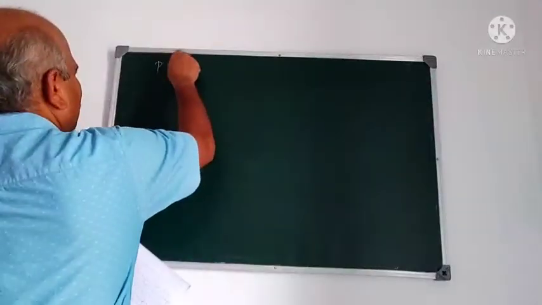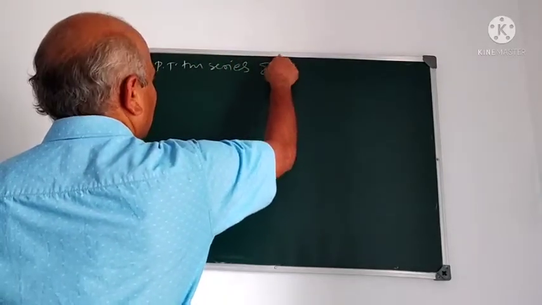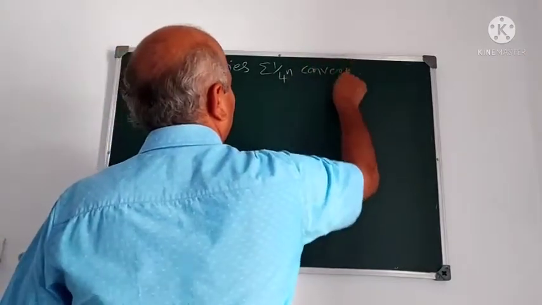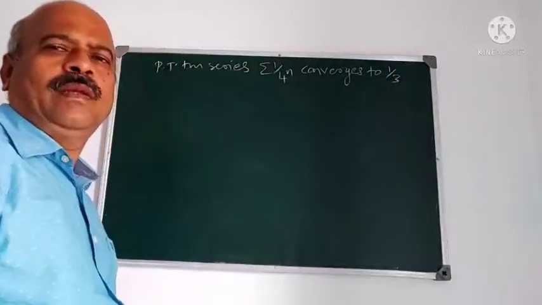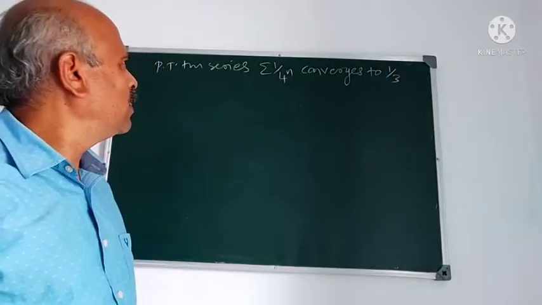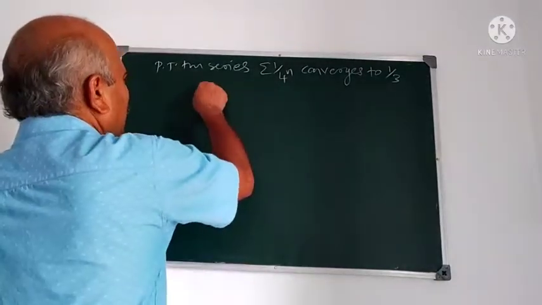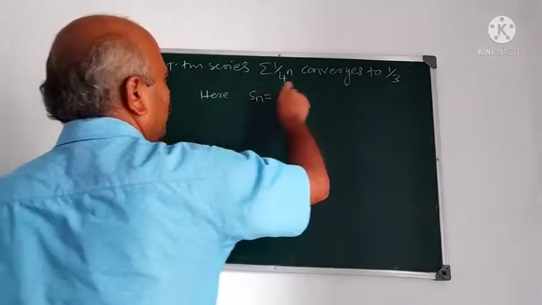Prove that the series sigma 1 upon 4 raised to n converges to 1 by 3. Here, what is Sn?